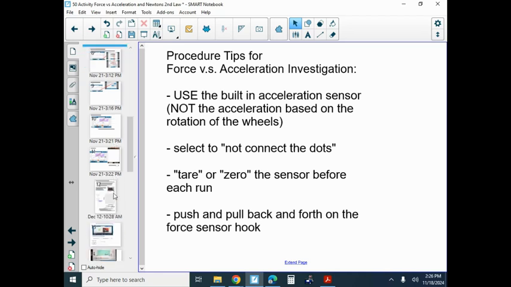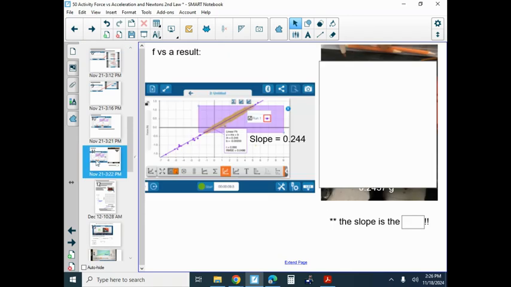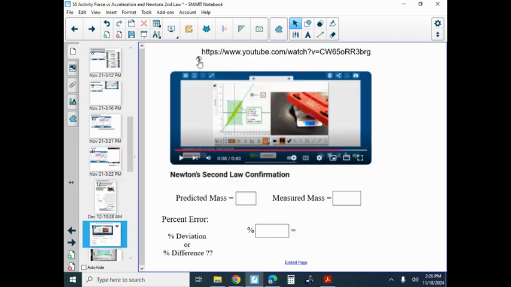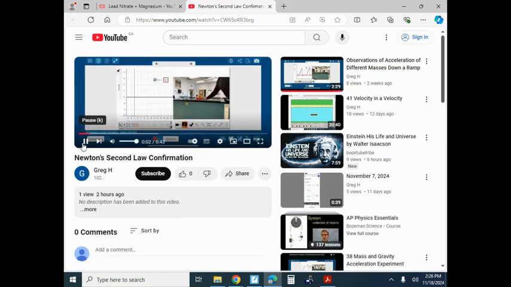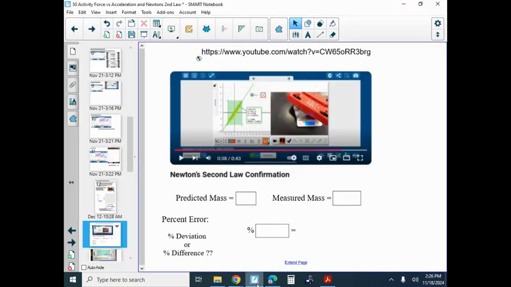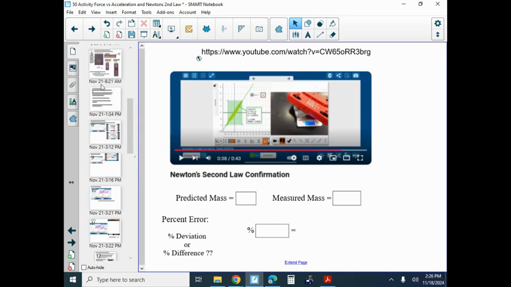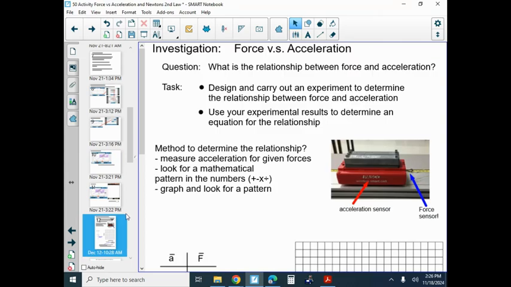So this is just procedure tips for the activity. Let's look at the end result, the idea of it. I'm going to show my video first for this. It's basically an experiment where we're going to look at the relationship between force and acceleration that I mentioned earlier at the agenda portion.